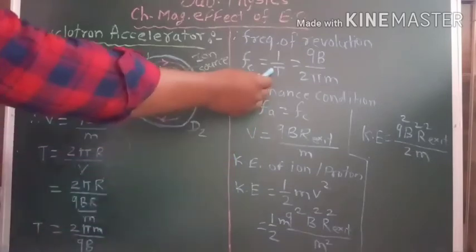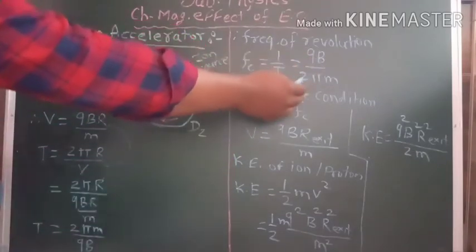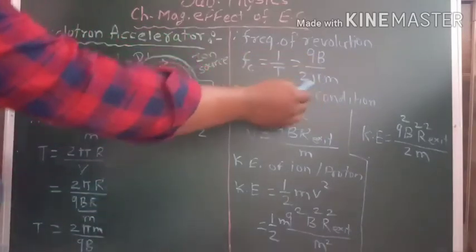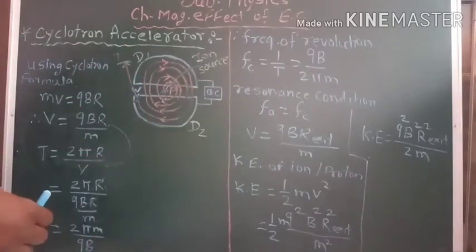Putting this value in this equation, we write QB upon 2 pi m. Here the time period is 2 pi m upon BQ, so the reciprocal of the time period is QB upon 2 pi m. This is the cyclotron frequency.